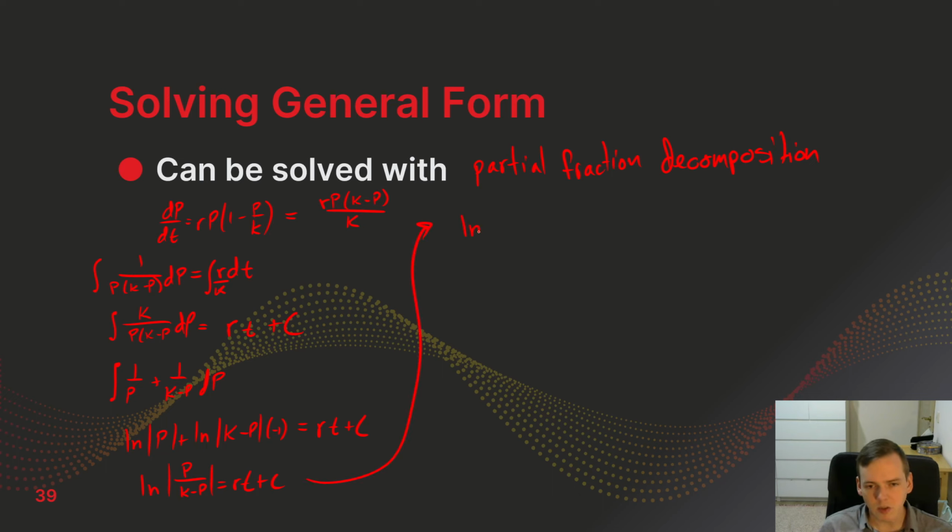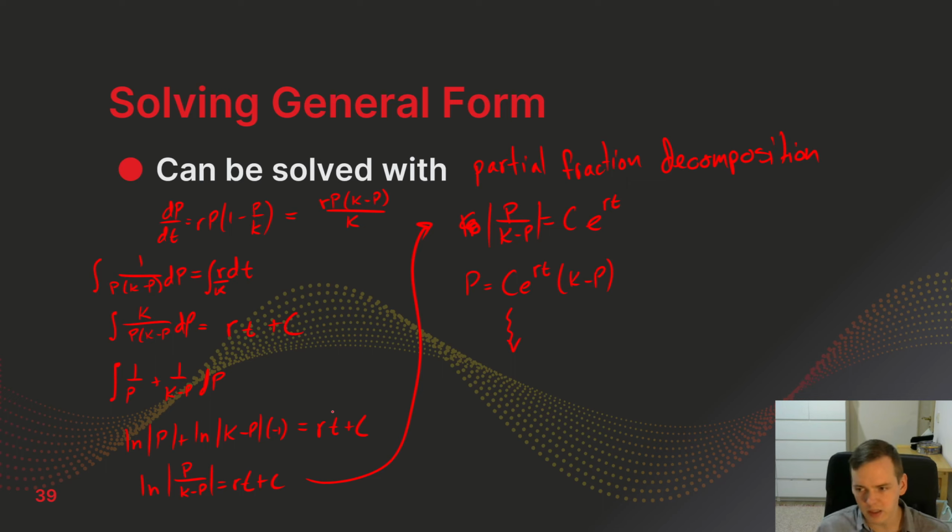Then we want to undo the natural log, to simplify it. So P over K minus P is equal to a constant times e to the rt. P is equal to Ce to the rt times K minus P. I'm going to skip past the algebra because it's not particularly interesting.